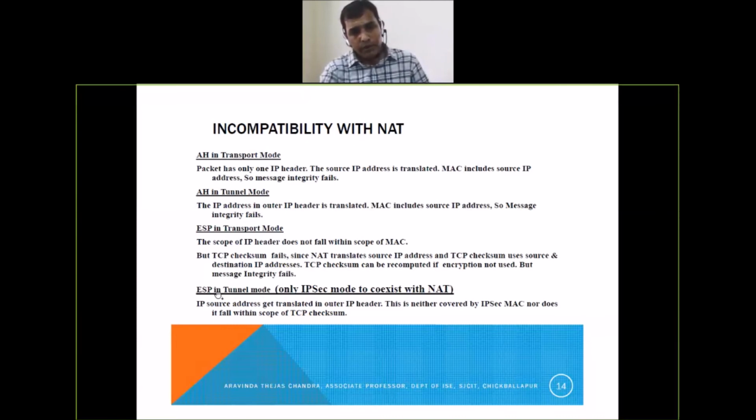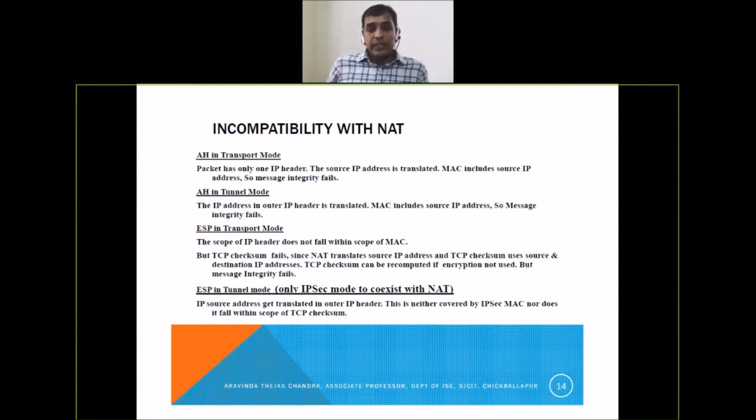Then finally let's go for the tunnel mode, ESP in tunnel mode. This is the only IPsec mode that can coexist with NAT. Why? The IP source address gets translated in the outer IP header. This is neither covered by IPsec, nor does it fall within its scope.